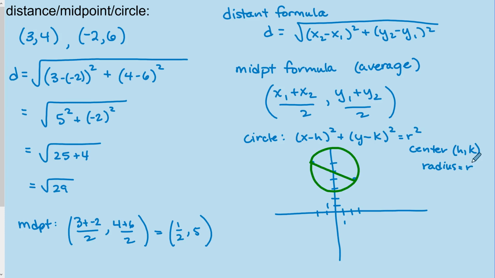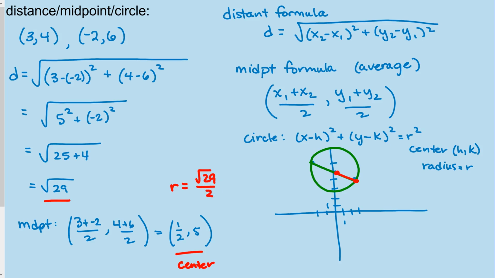So the center would be the midpoint between those two endpoints of the diameter. And let's just say it's roughly here. My sketch was rough, it's not perfect, but we already found the point that's halfway between those two endpoints. That was our midpoint. So that's going to be the center of our circle. And then the radius is going to be half the diameter, and we already found the diameter was the whole distance across, so then the radius is going to be half of that.